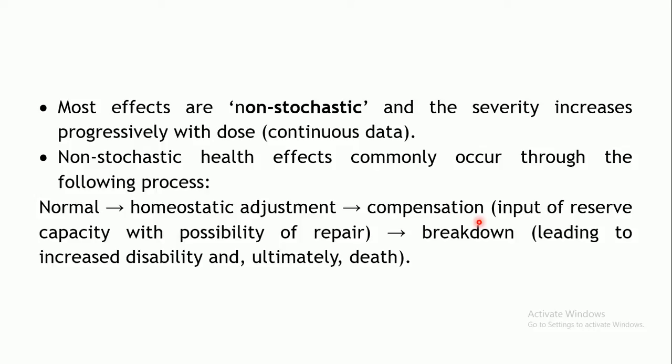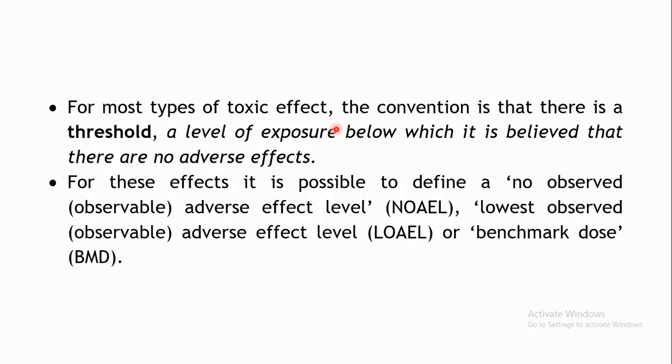Wherever possible, repair will be done. And if it is not possible, further down, it may result in breakdown, leading to maybe certain disability, and ultimately death may also occur. So this is the usual process of damage which is seen in non-stochastic type of effects.